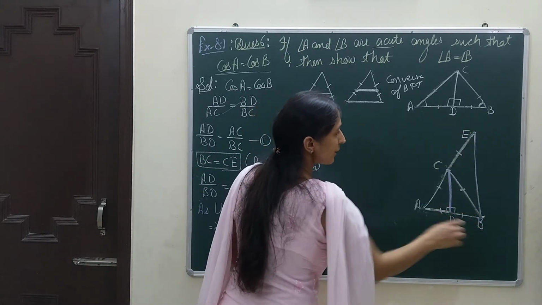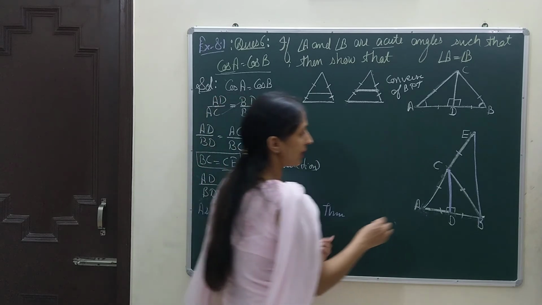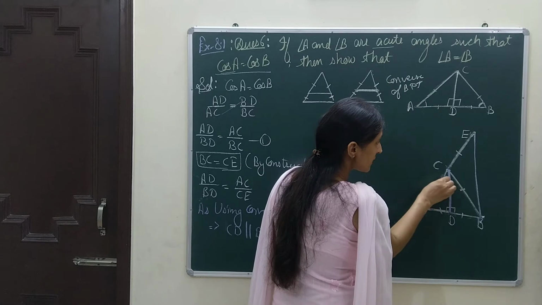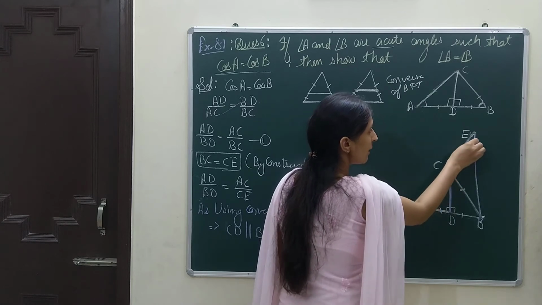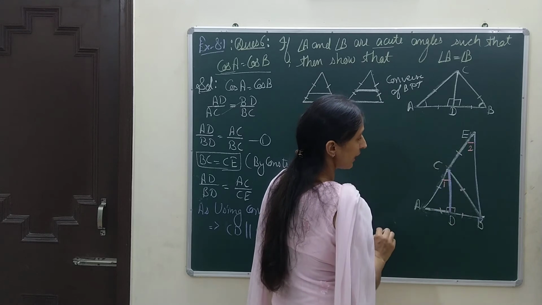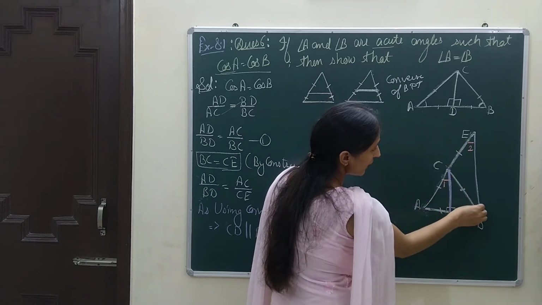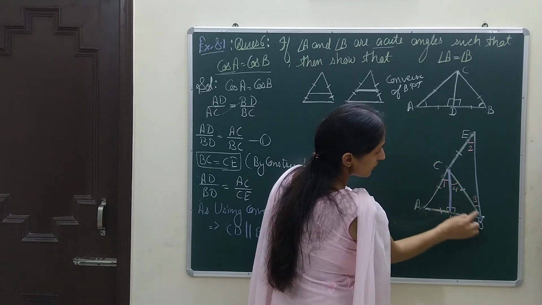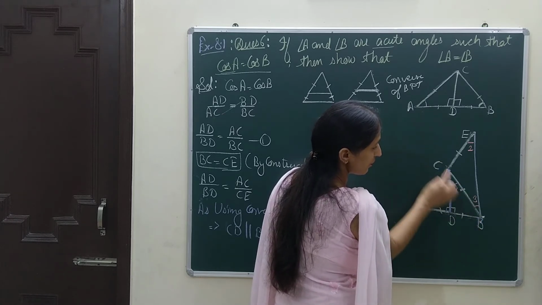If two sides are parallel, what results can I derive from here? These are two sides which are parallel. That means this angle 1 must be equal to angle 2 because these are corresponding angles. Moreover, here is angle 3 if I write, and this is angle 4. This BC is acting as a transversal.